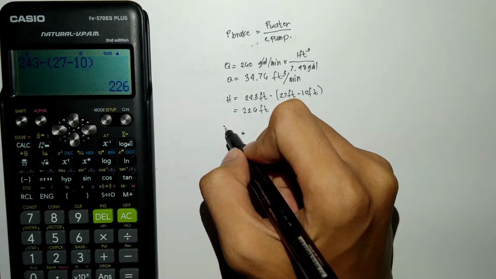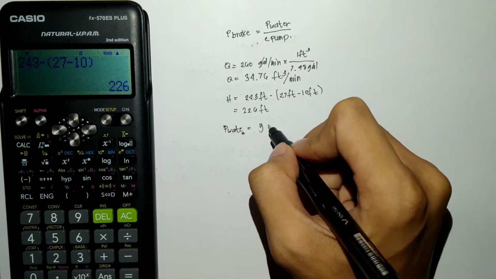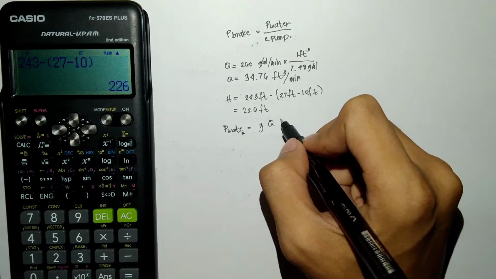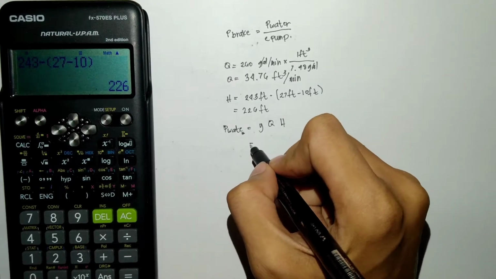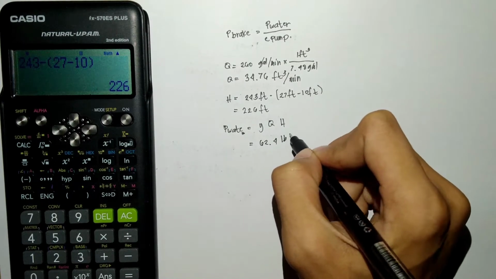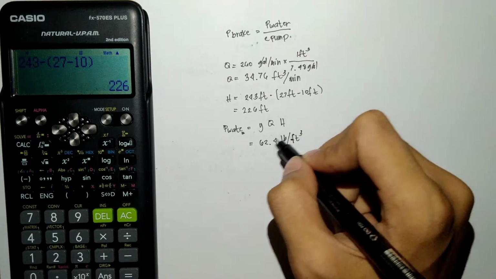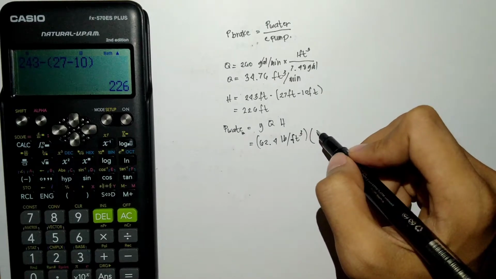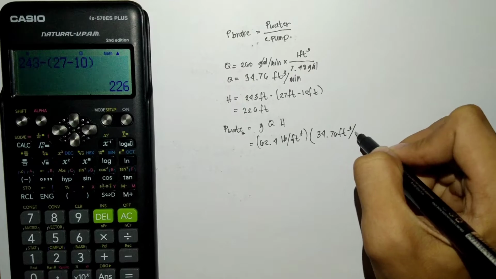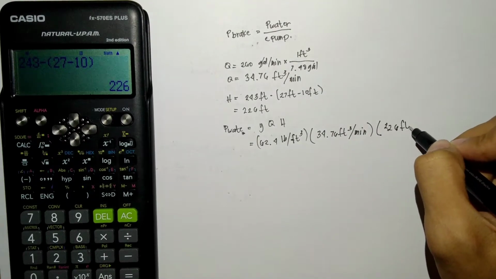Water power is equal to specific weight times volume flow rate times total head. So substitute the constant of 62.4 pound per feet cubed times 34.76 feet cubed per minute times 226 feet.